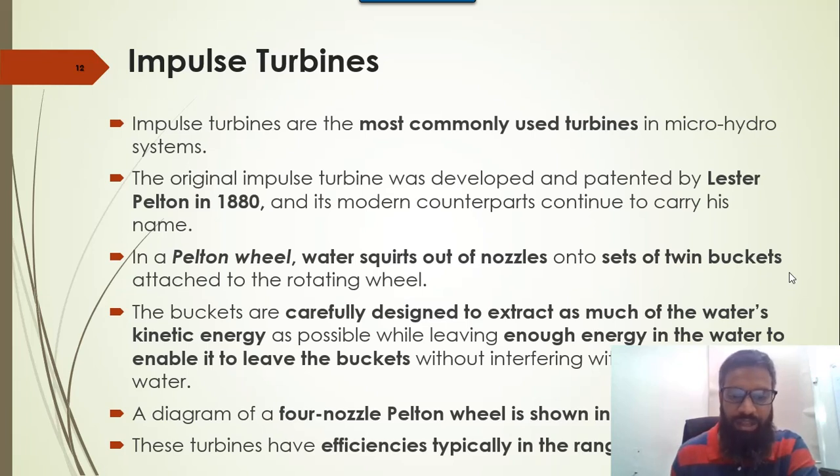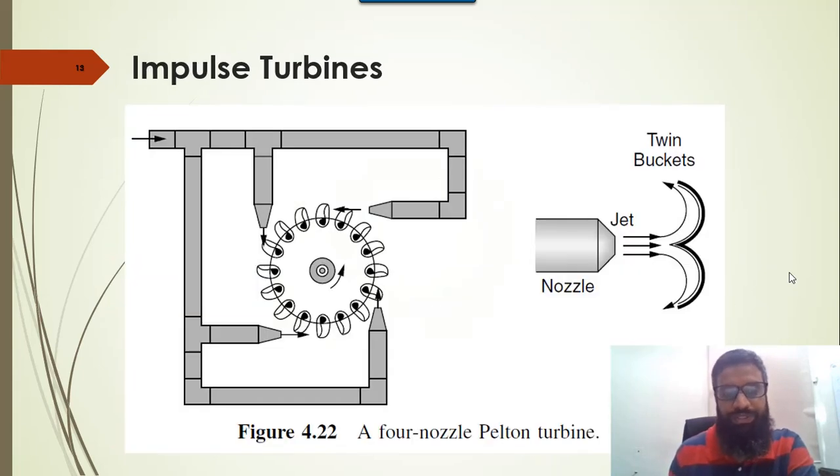The buckets are carefully designed to extract as much of the water's kinetic energy as possible while leaving enough energy in the water to enable it to leave the bucket without interfering with the incoming water. There is a diagram with four nozzles and the Pelton wheel, which will be shown in the next slide. These turbines have an efficiency of almost 70 to 90%.